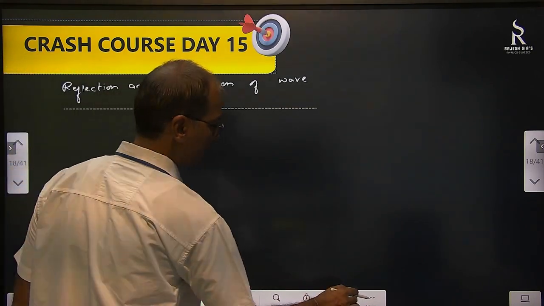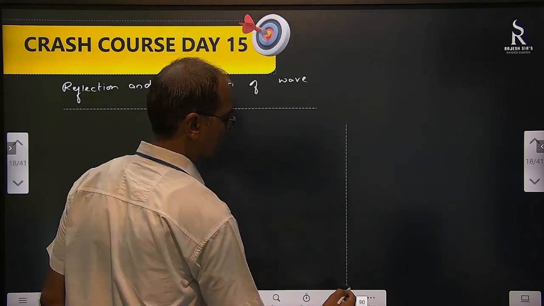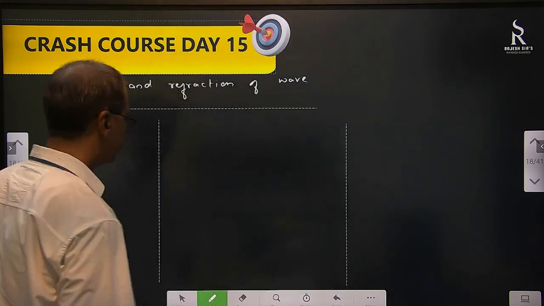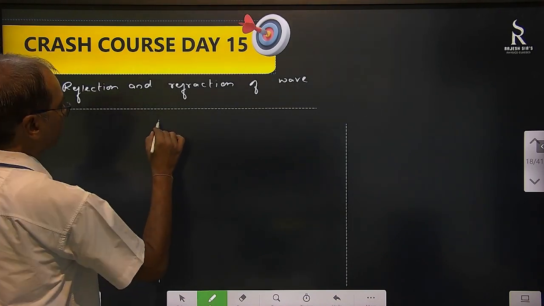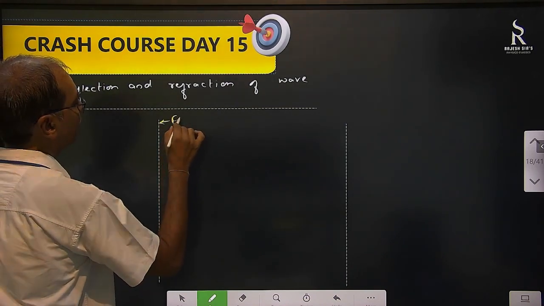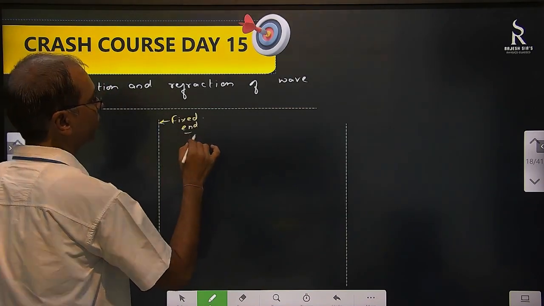Okay, one more. So what you will do is, for reflection and refraction, we know that this has to be through a fixed end. Okay, this is a fixed end and this is a free end.